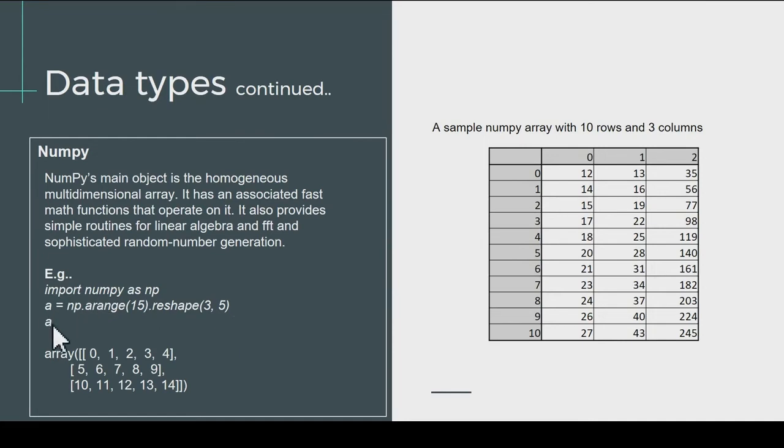Now when you print the output, this would be the output in the terminal. Towards the right, you'll see a sample visual example of a NumPy based array. Now this is a 2-dimensional array where I have highlighted the indexes in gray. So you can see the column based indexes range from 0 to 2 and the row based indexes start from 0 to 10. It always starts with 0 and ends with the length of the respective column or row.